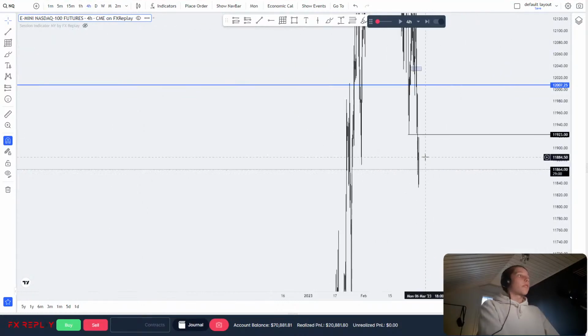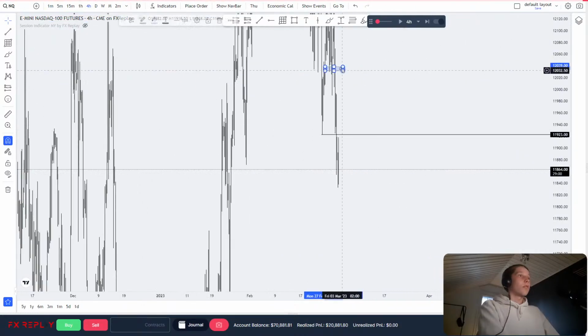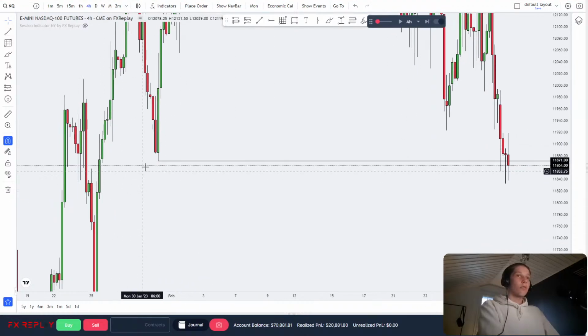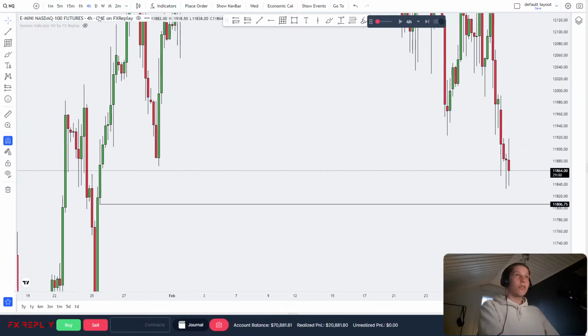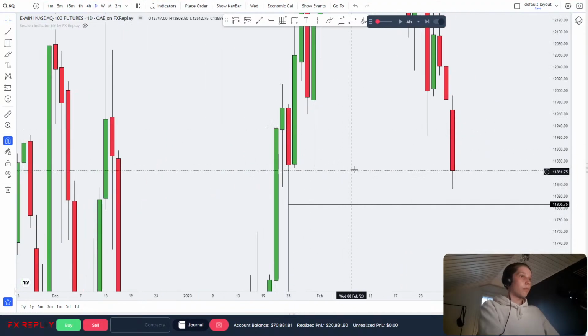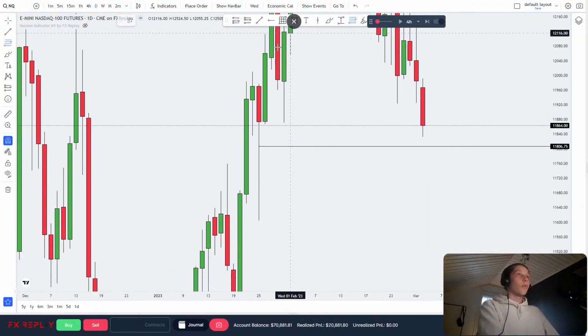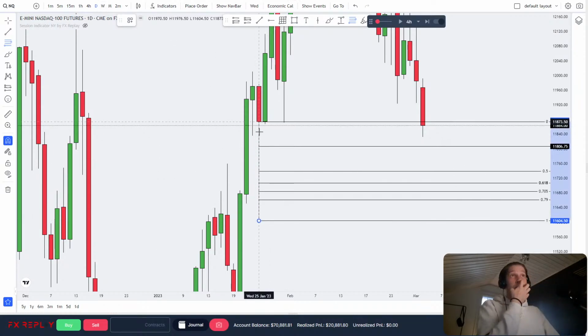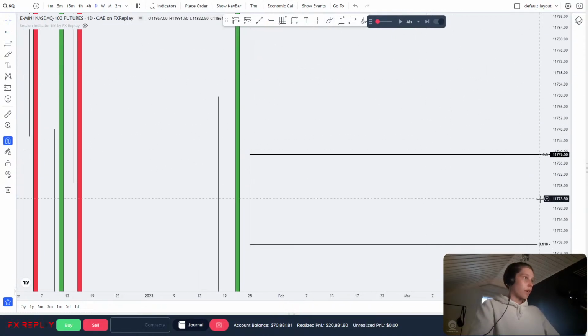It's perfect. Taking that low. Maybe targeting this fair value gap. When you see huge wicks like this in daily, you really want to annotate that consequent encroachment, aka 50% of that wick.